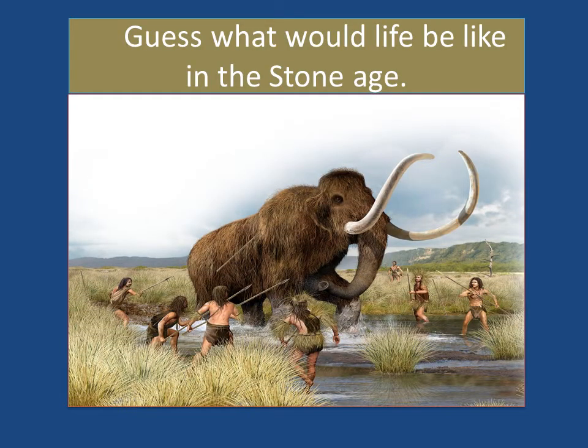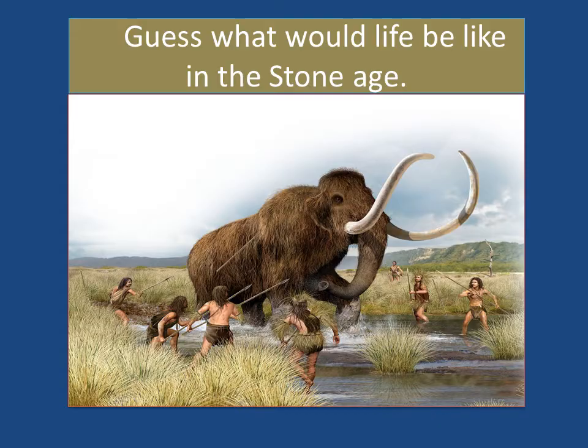So children, when you look at this image, you just need to guess what the life would have been of the people of the Stone Age. Like when you want to eat something, obviously you go to the kitchen and the food is ready for you, you eat it up. Your mother buys the groceries from the supermarket.